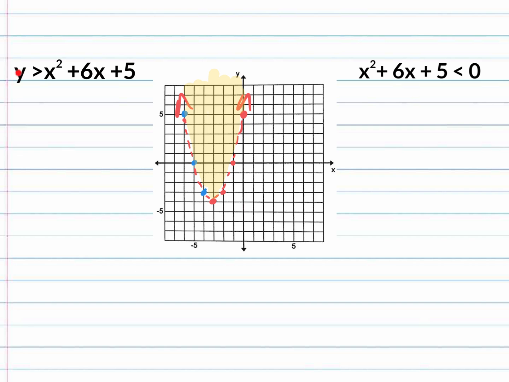You set y equal to 0. So you'd have 0 is greater than that stuff. All I did was take the 0 and put it on the other side, but it has to stay 0 greater than that stuff. Does that make sense? Okay, so if I were to solve this thing, then my answers would be the x-intercepts.